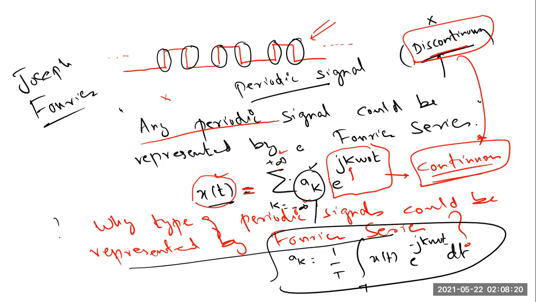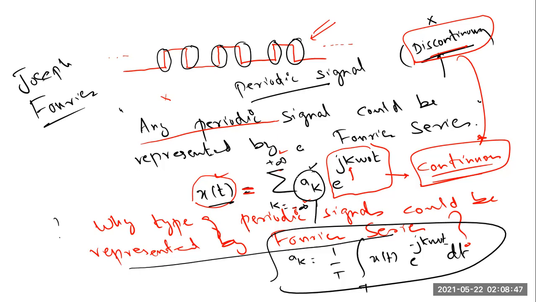So whenever you get ak infinite, it means for that periodic signal, there is no Fourier series. So mathematically, if a signal has a Fourier series, then all Fourier coefficients must be finite. That is the mathematical interpretation.